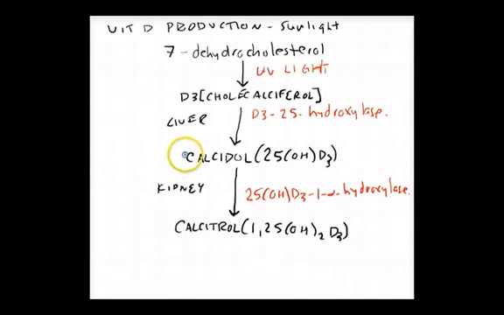So the calcidiol, the 25-OH-D3, this is the major circulatory form. The 1,25-OH2-D3, that's going to be your major active form.